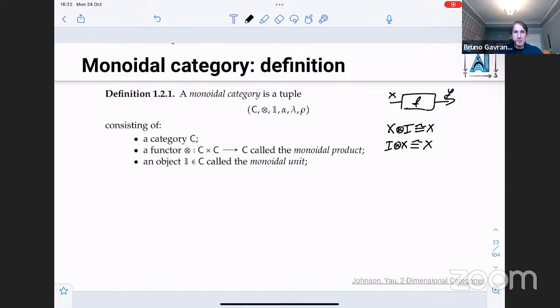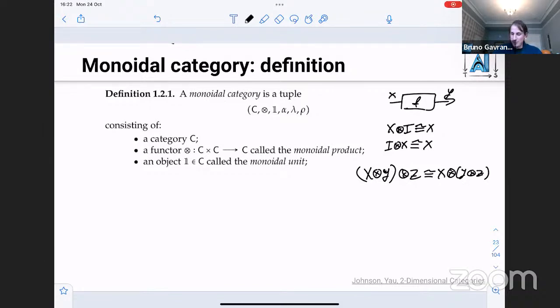Another thing we might want to expect is that if we have many objects, say X tensor Y, tensor Z, we might expect that to be isomorphic to X tensor Y tensor Z. So we want to ignore the order these things are applied, or at least track it and say that this is isomorphic.